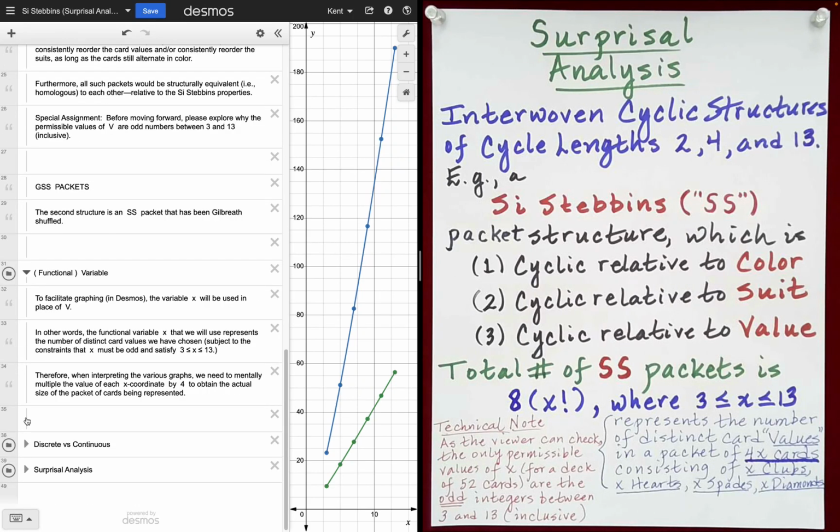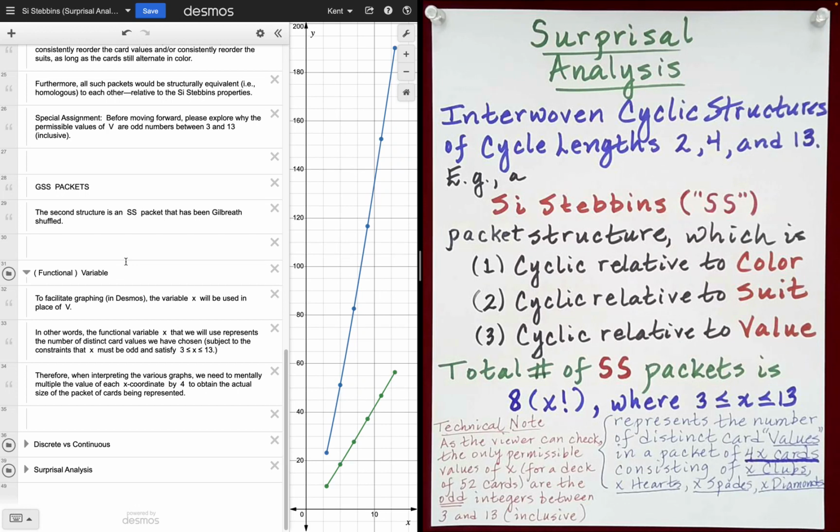To facilitate graphing in Desmos, the variable X will be used in place of V. In other words, the functional variable X that we will use represents the number of distinct card values we have chosen, subject to the constraint that X must be an odd number between 3 and 13.